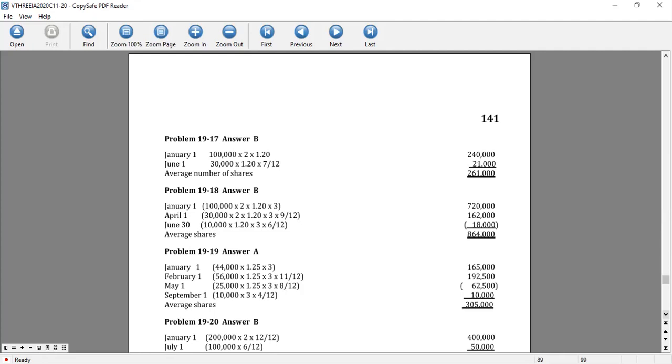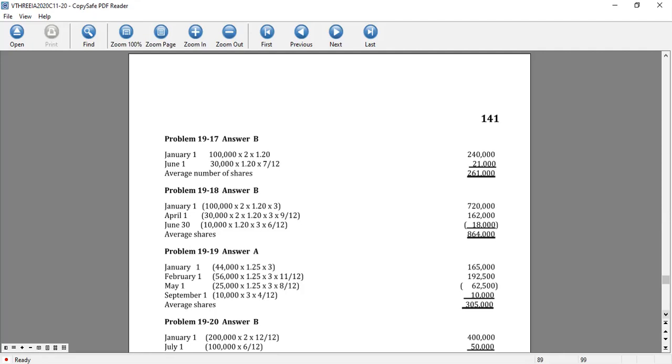Then on June 30, we purchased 10,000 shares for the treasury. So we have 10,000 shares. We multiply by 1.20 and by 3, that's the split, and 6 over 12 is from June 30 to December 31. Now, the 2-for-1 split occurred on May 1, so June 30 is no longer affected.